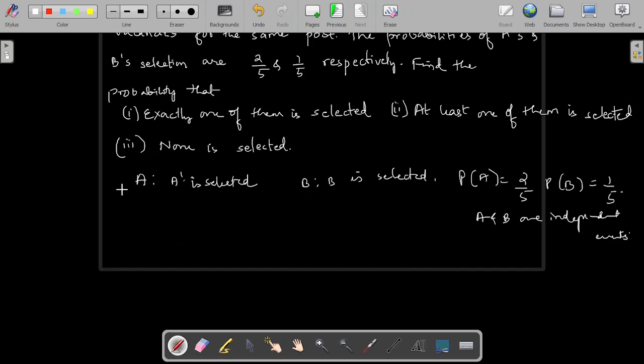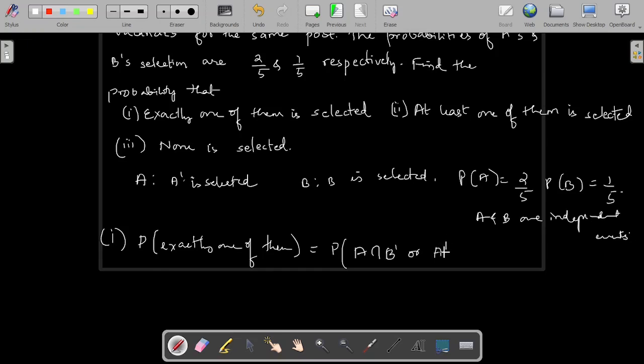Now you have to find out, first question, exactly one of them is selected. What is the probability of exactly one of them selected? So exactly one of them is selected means A is selected and B is not selected. Then only it is exactly one. So A is selected and means intersection, B is not selected means B dash. Or A is not selected, so A dash intersection B is selected.